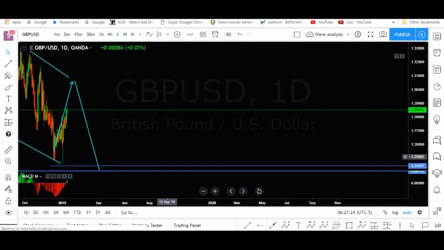And then the next corrective pattern that you will find is what we call an expanding flat. So your expanding flat will look something like this, and it will break the top, and when it comes back down, it will break this low.